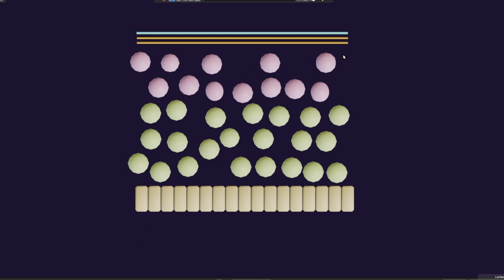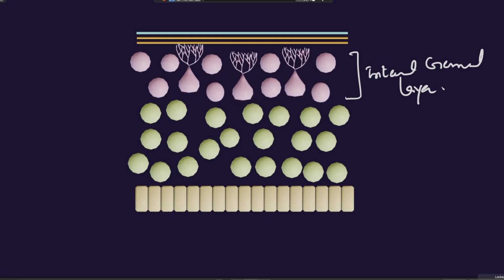Some textbooks call this layer the internal germinal layer. Fair enough. They say this internal germinal layer is going to form the Purkinje cells and the Golgi cells.